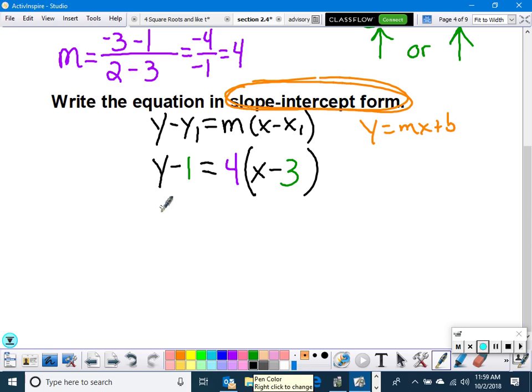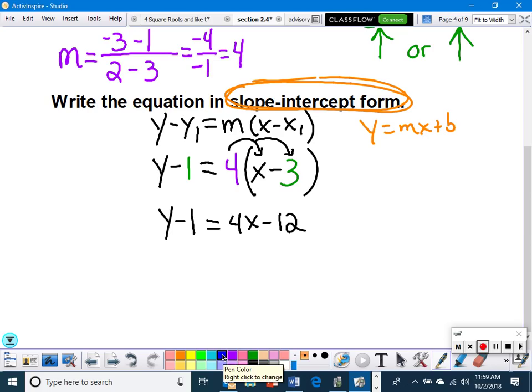So we've got y minus 1 equals, distributive property, 4x minus 12. Okay, one more step. Get rid of the minus 1. We're going to add 1. So our final answer is y equals 4x minus 11.